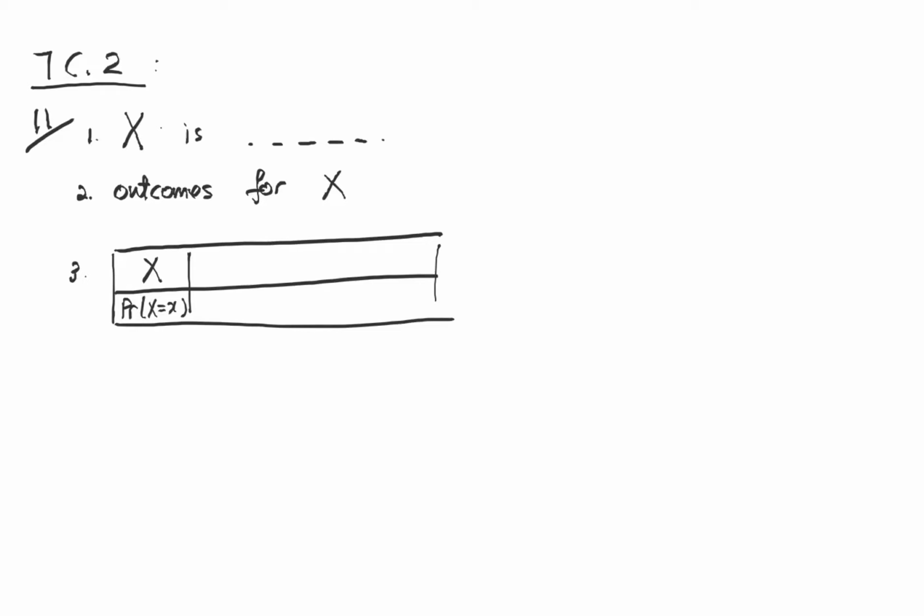For example, if they lost the ring, how much does the insurance company have to pay? 8,000. If someone steals the ring, 20,000. Correct? If nothing happened, no need to pay.